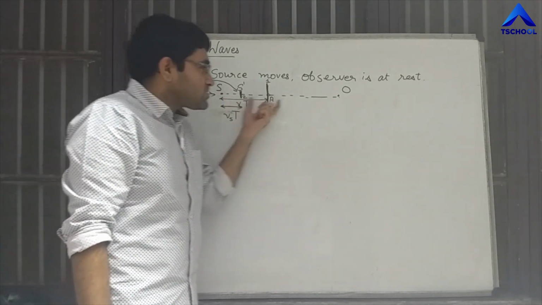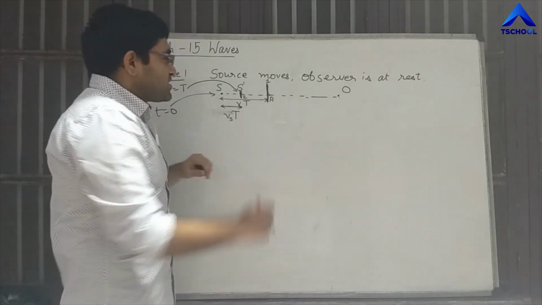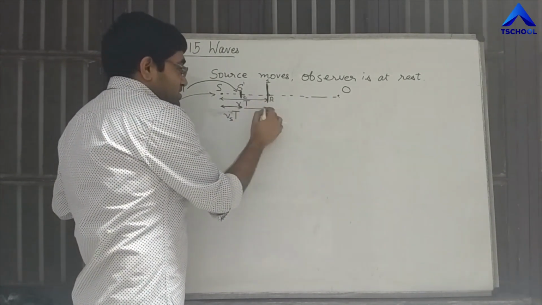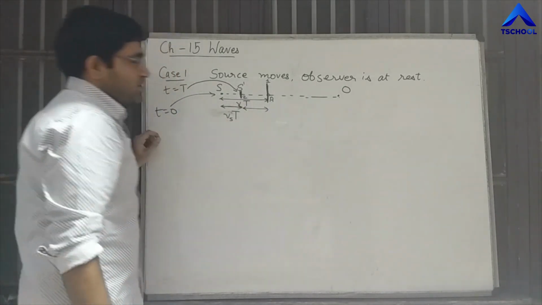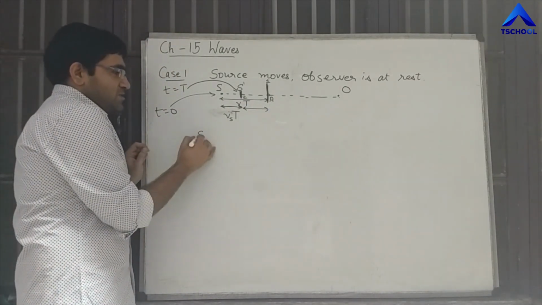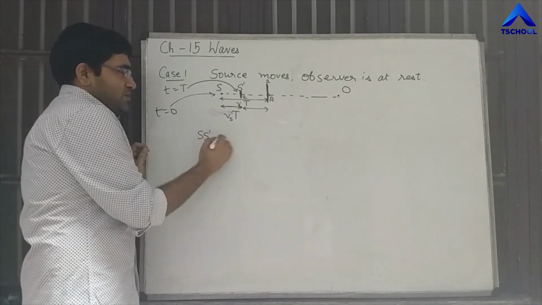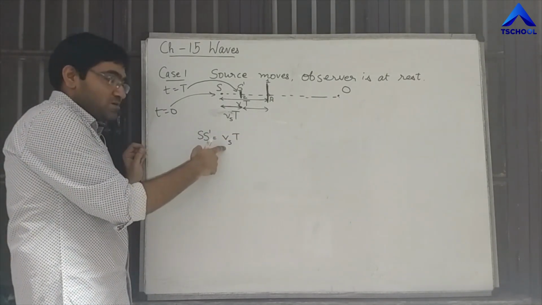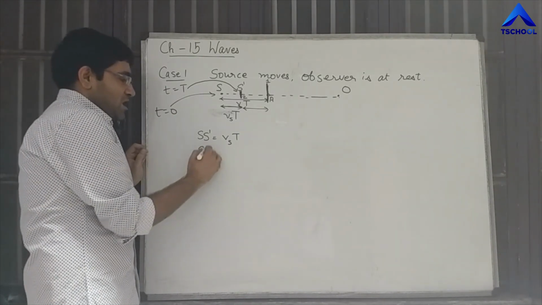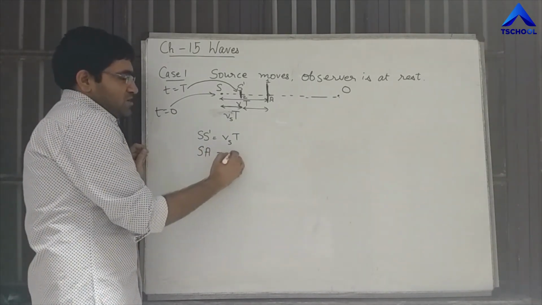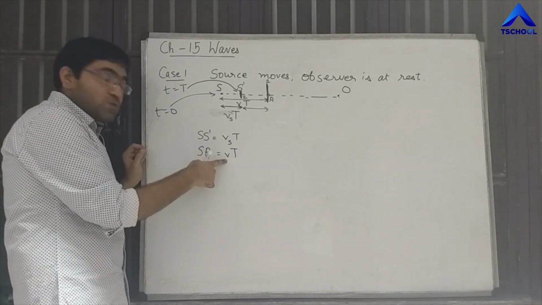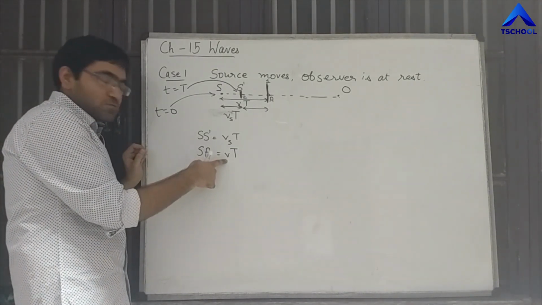So these crests will move towards O, and that means the distance between these two crests will always remain the same. So basically, SS dash is Vs into T because the source moves with speed Vs. SA is V into T because the first crest moves with speed v, which is the speed of sound.